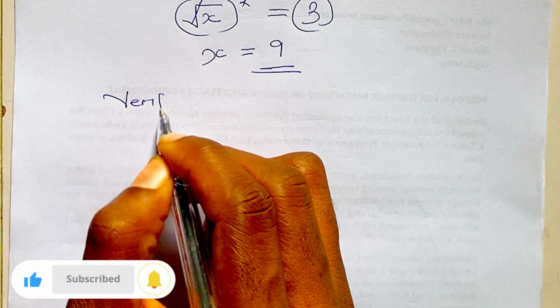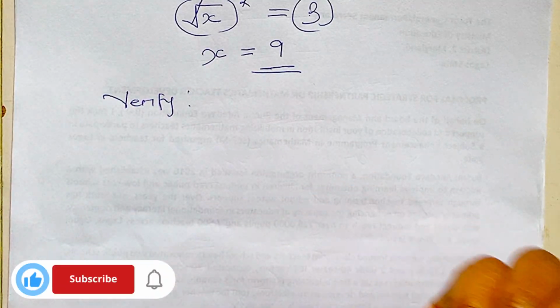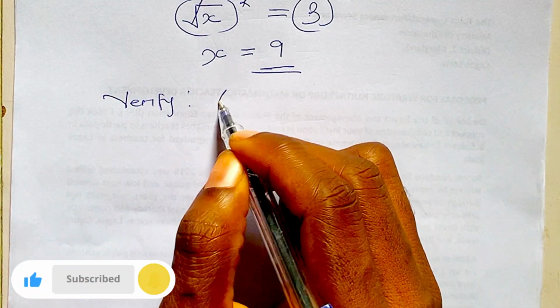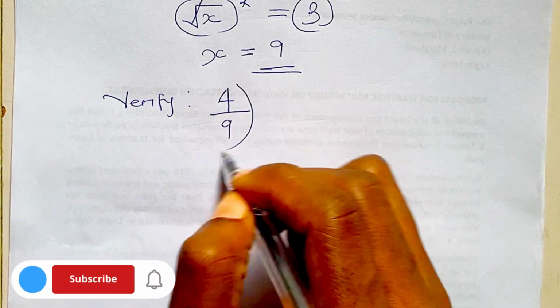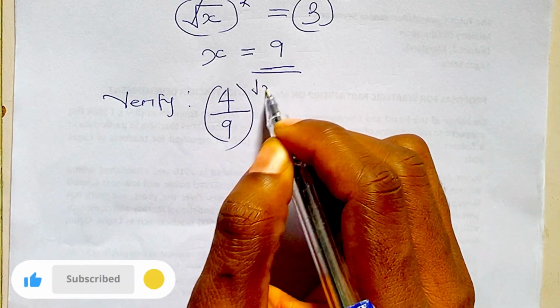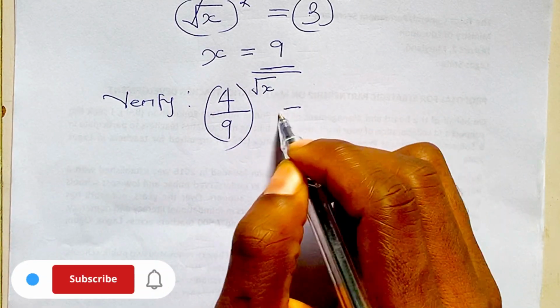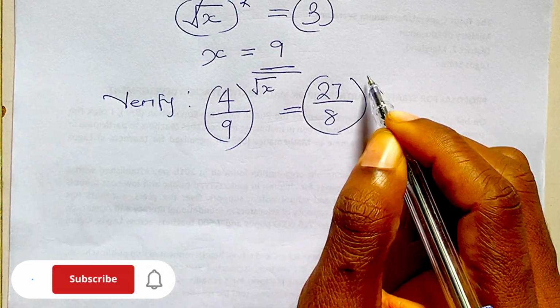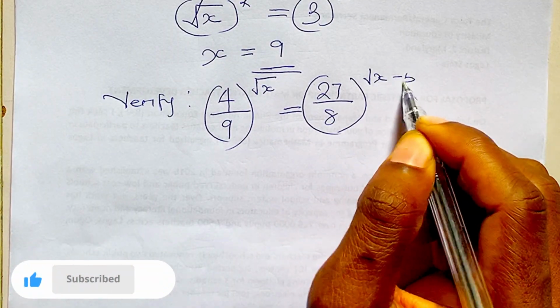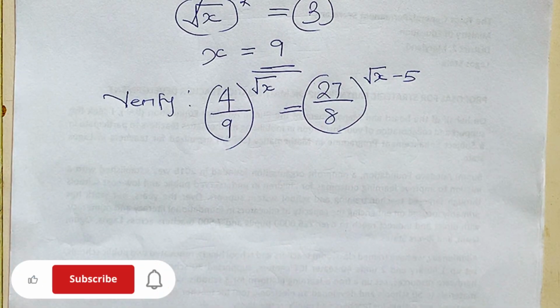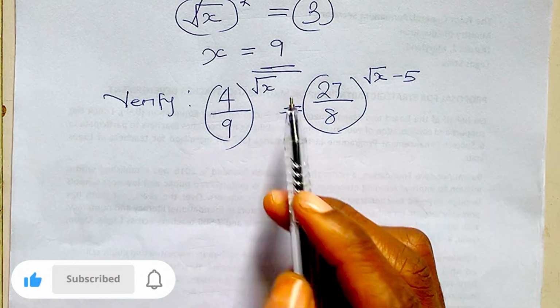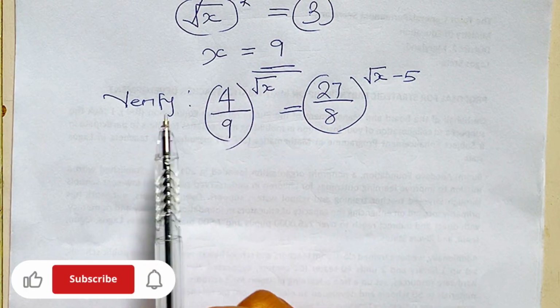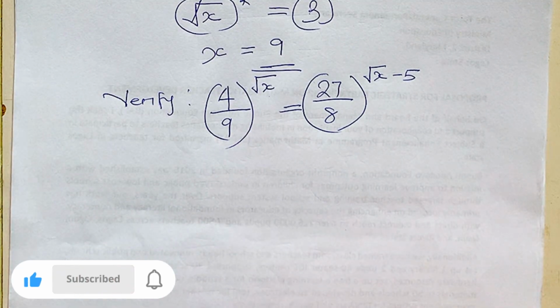So let's verify this equation. Our initial question was (4/9)^√x = (27/8)^(√x − 5). We are going to be substituting 9 for the value of x in this equation.